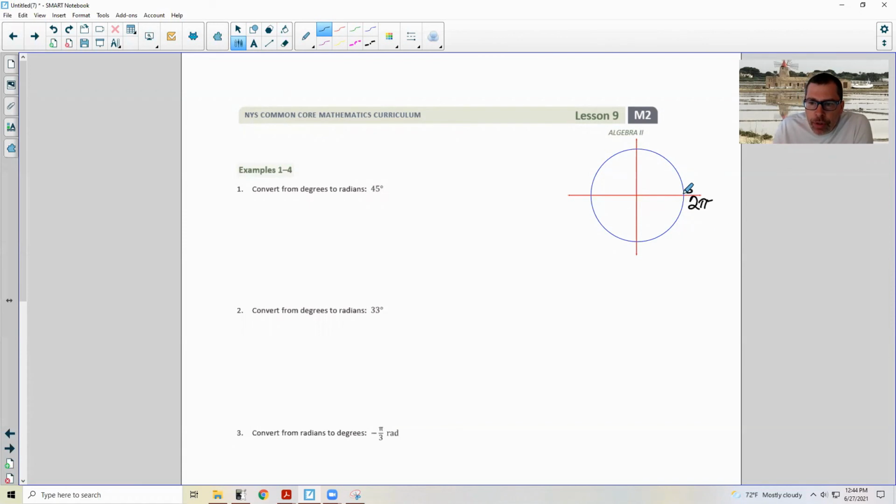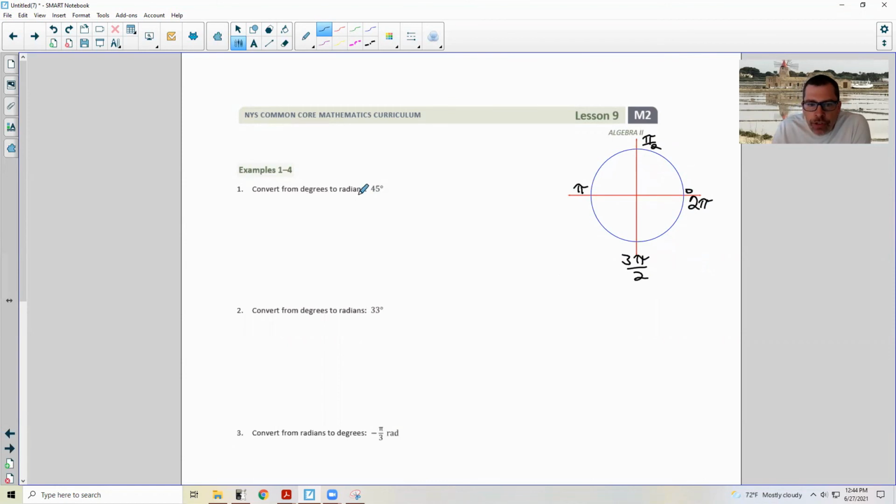So if this is 2 pi for 1 full rotation, a half of a rotation is pi. And then if we only go up to here, that's only a quarter of a rotation, or half of pi, because this is pi, this is halfway to getting here. So this would be pi over 2. And then this would be 3 pi over 2, and then 2 pi. So those are just the basics there. There are more in between.